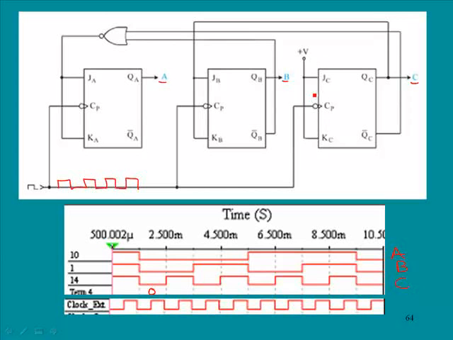Now recall that in this particular case, there will either be zeros on the inputs of the J and the K, or there will be ones. That is the only two options we'll have in this circuit. And so remember that if there are ones on the inputs, then it will toggle. If it is zeros, they will just stay in whatever condition they were in, and they will not change.